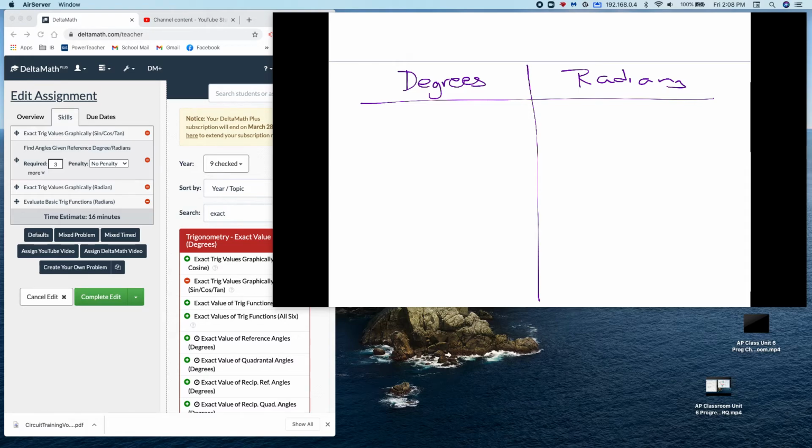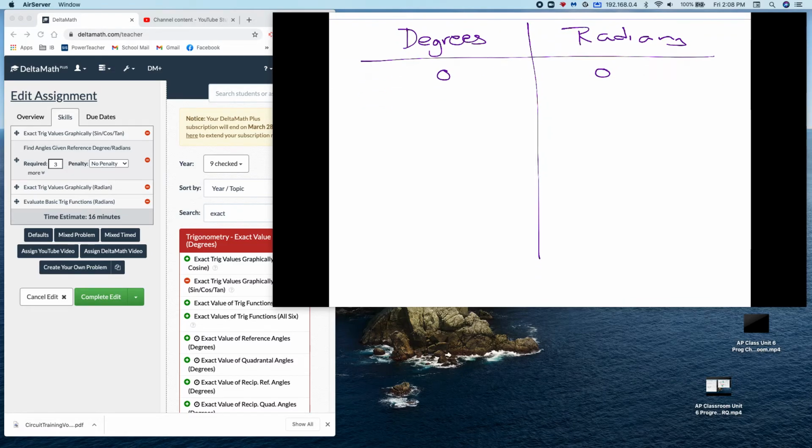If you're looking at degrees, 0 degrees is equal to 0 radians. 30 degrees is equal to pi over 6 radians. 45 degrees is equal to pi over 4 radians. 60 degrees is equal to pi over 3 radians. And 90 degrees is pi over 2 radians. And so you can split things up into the same kind of thing. So you kind of go, okay, where do these things lie?